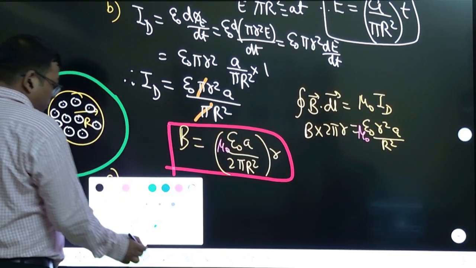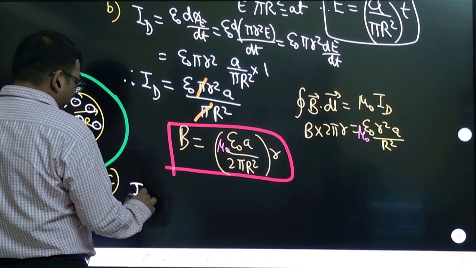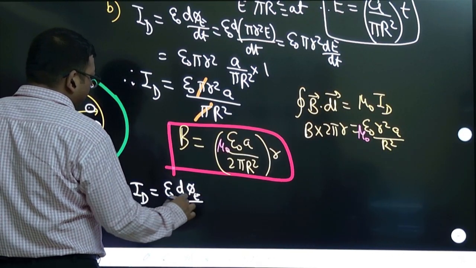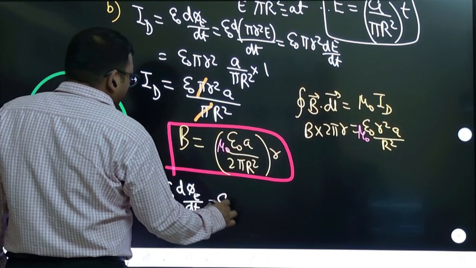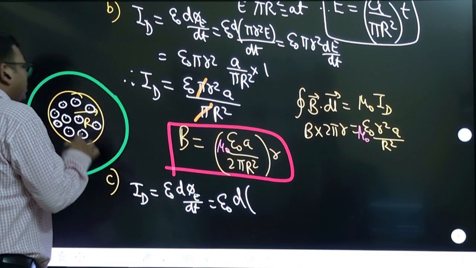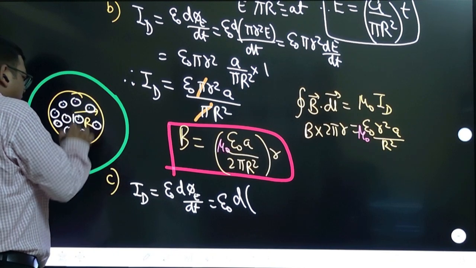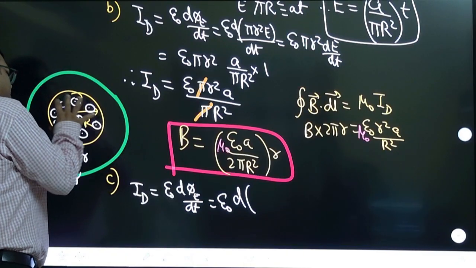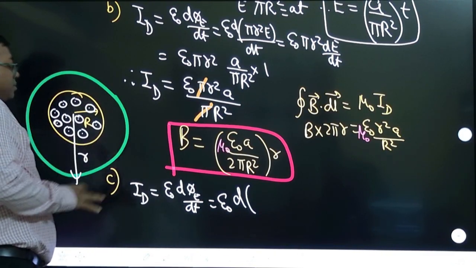So when you are calculating ID, in this case, epsilon naught d phi E by dt, you substitute phi E. Phi is area, but which area will you take? Even though you are taking this small r, which is larger than capital R, you have to take only capital R, because the field is only related with this.